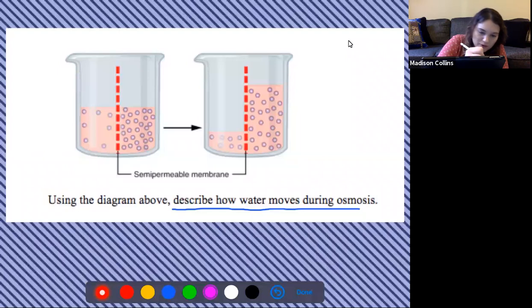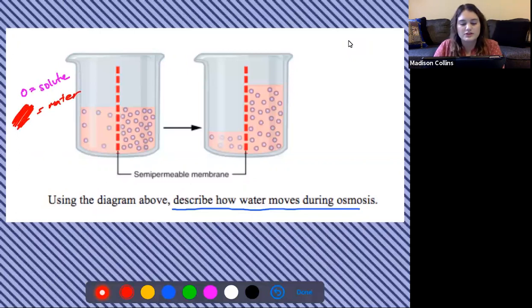So these little purple dots are the solute. Okay, and the pink background is going to be our water solution. So pay attention to where those molecules are moving, where the water is moving. Tell me, how is water moving during osmosis? I'm not going to give you the answer. I want to see what you know.